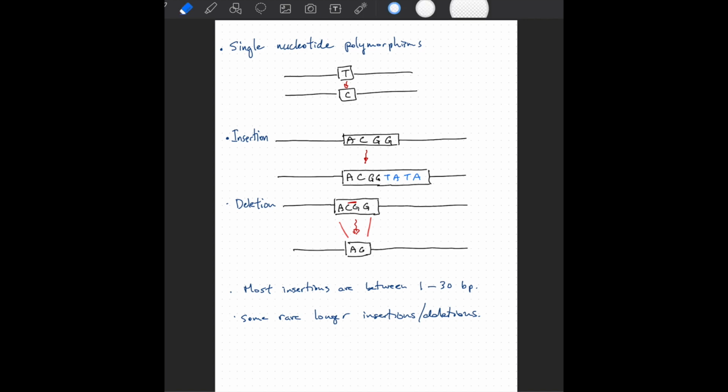And secondly, they often occur in domains, where you see the complete insertion of a new domain or a deletion of a domain. We haven't talked much about domains in the course, but we're going to try to come back to that in a little bit.